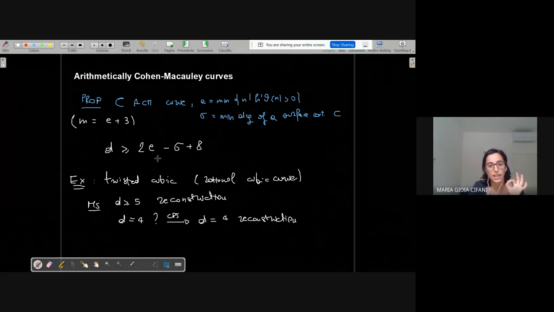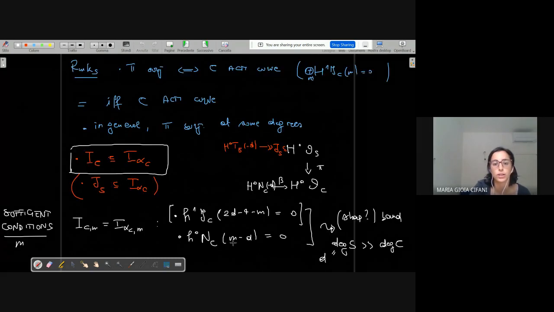So this is slightly better than this 5 that they found by hand. This is actually 4. So we have reconstruction. We can do this also because if you want H0 of the normal bundle in degree minus 2, it is 0 in this case. Or if you can compute it, you can compute it.